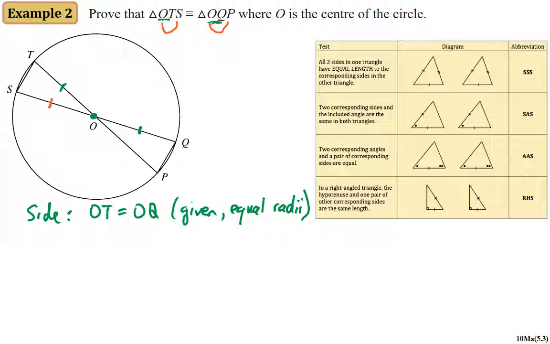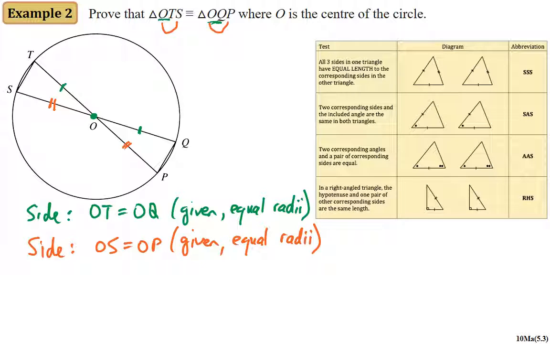So OS matches up with OP. They're the same length. They're actually the same length as the other, so I don't need a double dash, but so side: OS equals OP, given, because they are also equal radii.